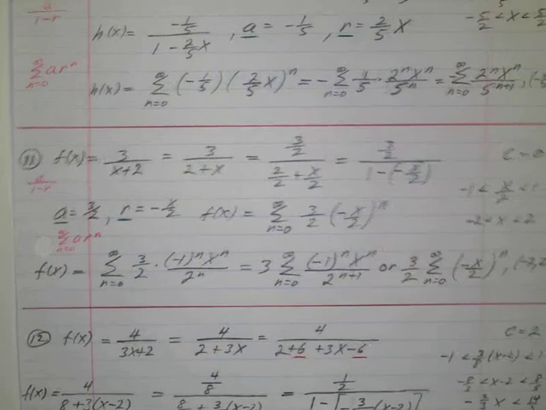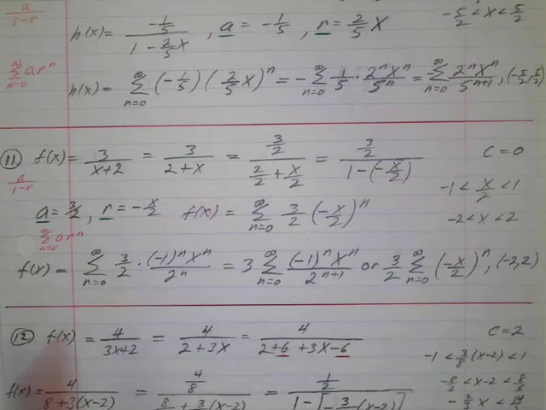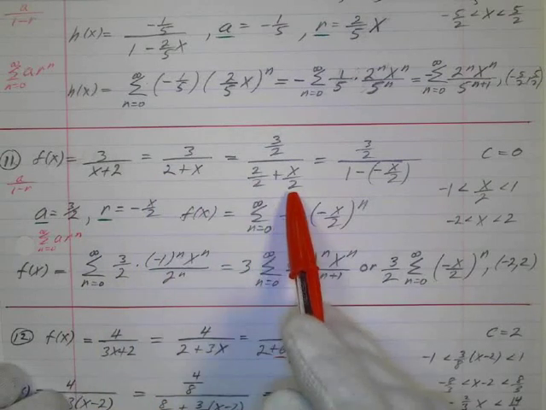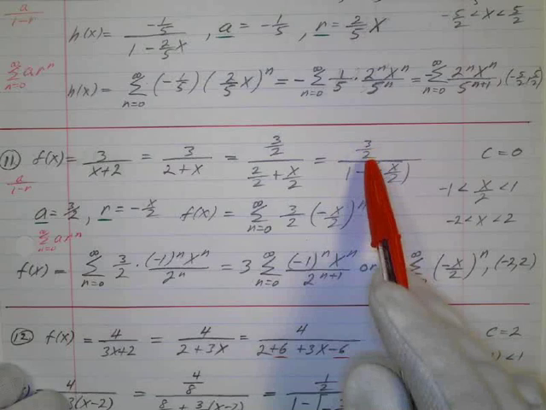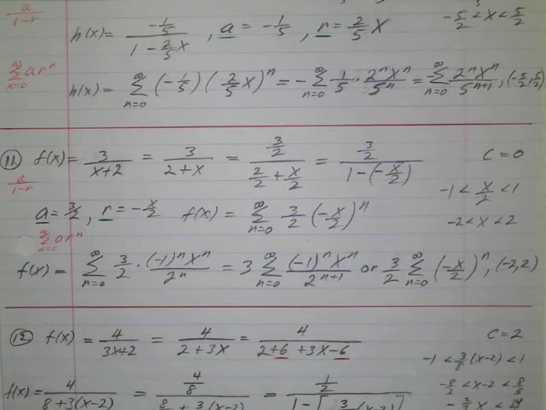Okay. So we need to get this to be a 1. So I'll divide by 2, by 2, by 2. And this gives me 3 halves on the top, and this is my 1, which I have in my nice form over here.